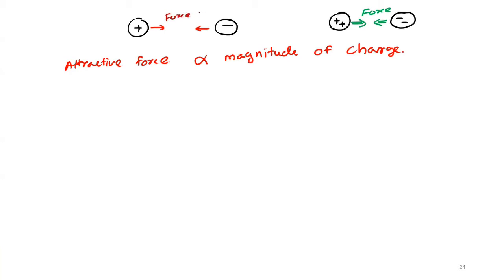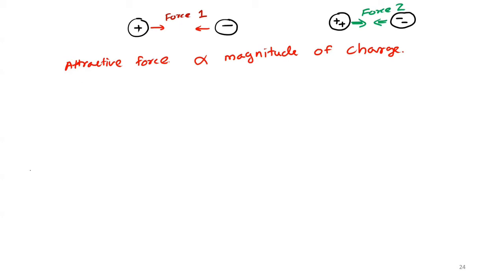This is the force 1. This is the force 2. So if we consider the magnitude of charge, we can say that force 1 is smaller than force 2. Force 2 is much stronger because the magnitude of the charge is much larger than in the first couple of charges.